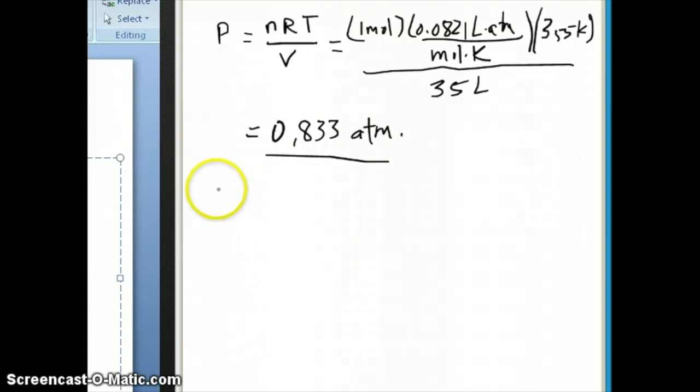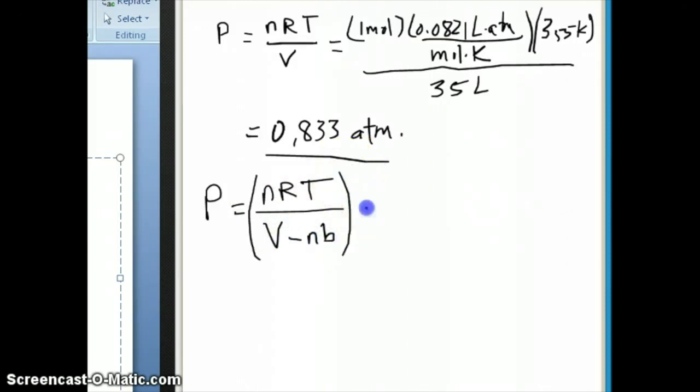Now let's say we try to calculate the same situation with the real gas equation. So remember that the real gas equation is P equals nRT over V minus nb, and then from there we subtract that pressure from this other term, which is a n over V, and then the n over V is being squared. Okay, so let me just calculate these two components separately just so that I have space to make this calculation.